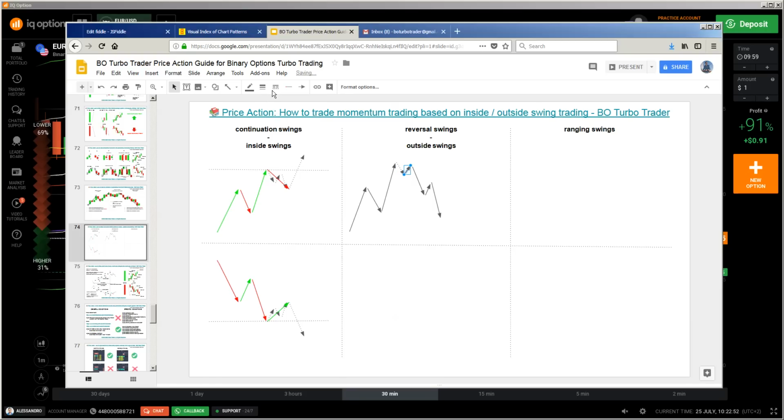You see here the corrective wave will move in this kind of manner, and that is what the outside swing is, because we are getting below, in the opposite direction of the trend, and that is what will cause a reversal. That will be a reversal because the trend is over.